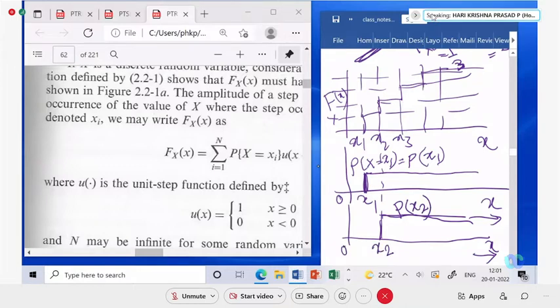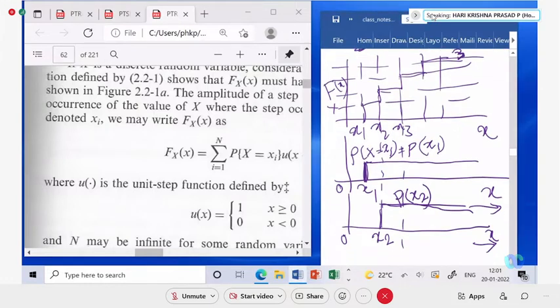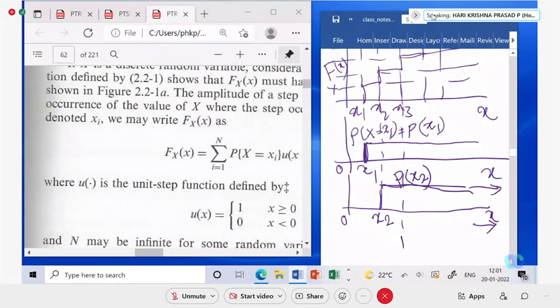Like this, at every possible value of x, I can show step functions. At x equal to x3, another step function. The magnitude of that is the value of random variable x equal to small x3.